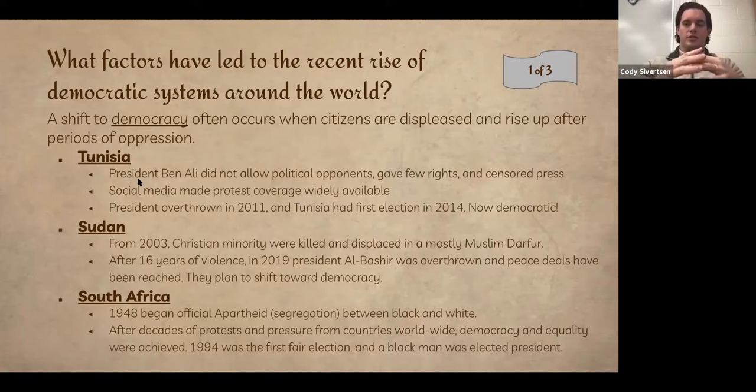Okay, there's this kind of story of citizens are oppressed, people rise up, and then they push for a democratic system to be established. So you kind of create that story.